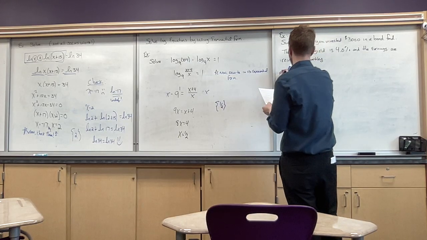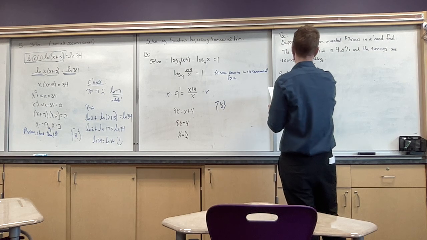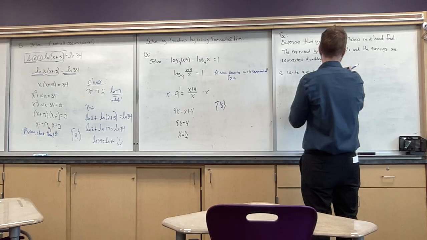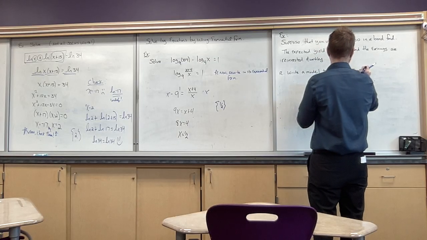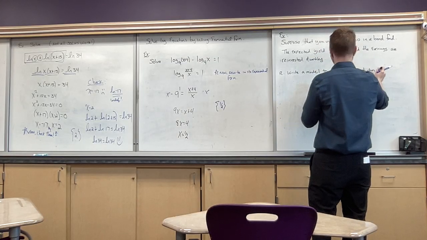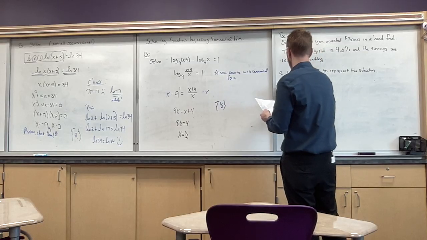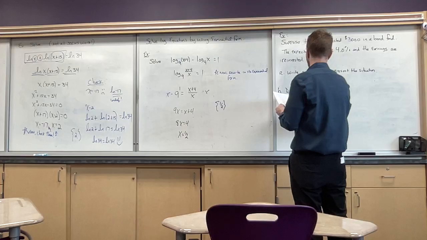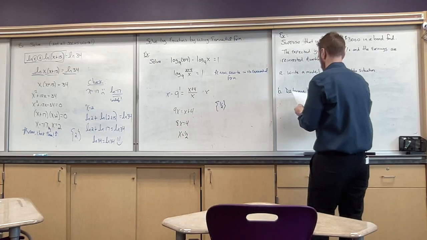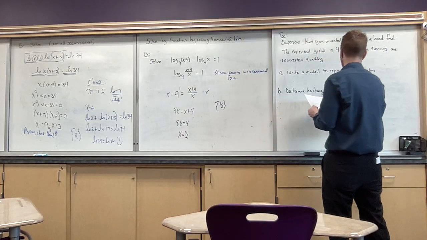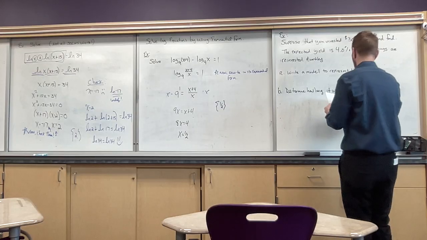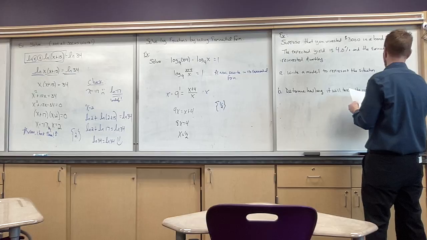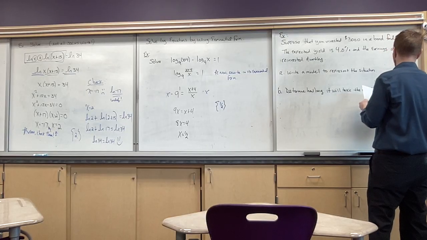Okay. So for part A, we're just going to start by writing a model to represent the situation. And then for part B, we're going to determine how long it will take the initial investment to triple.